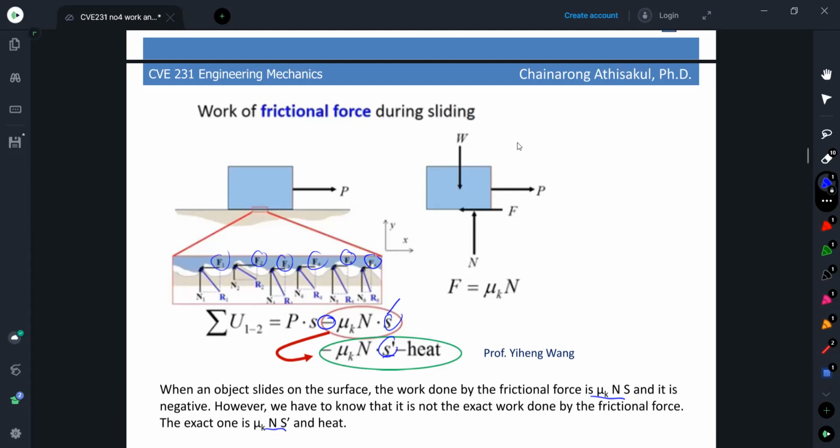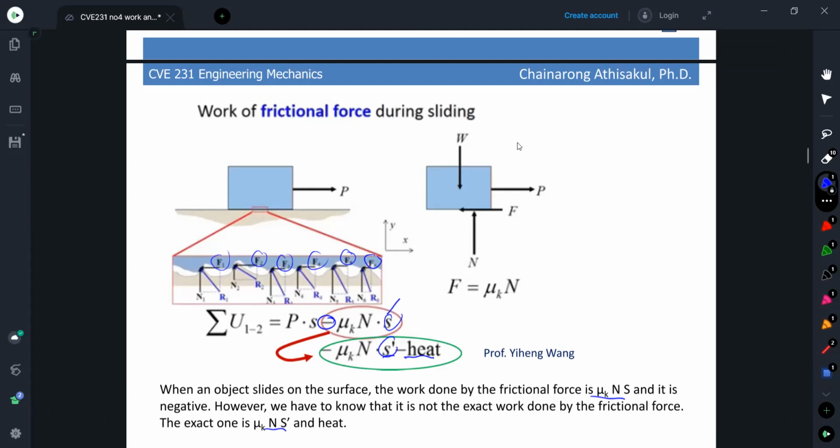So the exact total work should be equal to mu k N times s prime, which is not exactly s. The additional term is the heat loss that occurs when the particle is sliding on the rough surface.